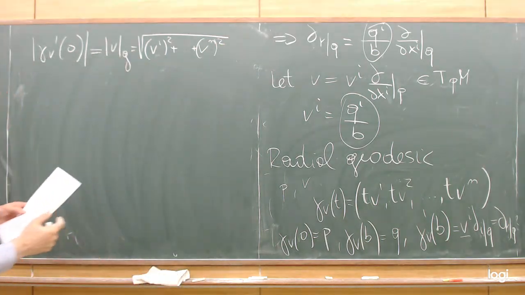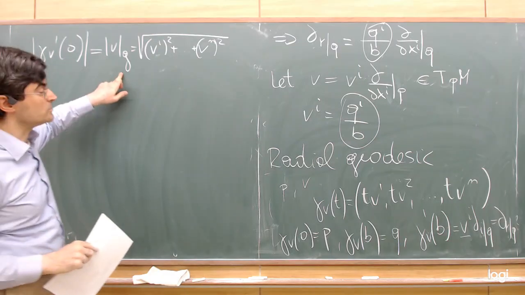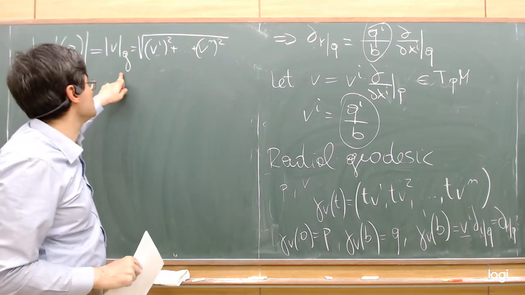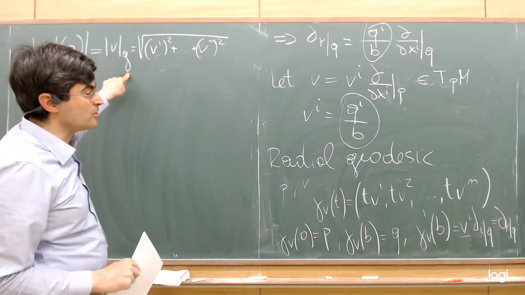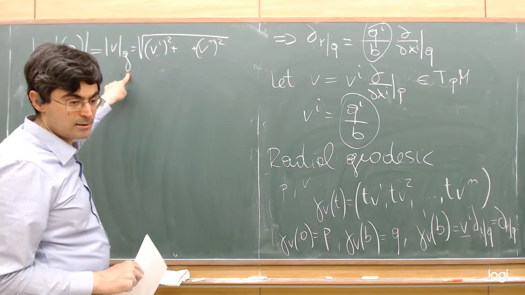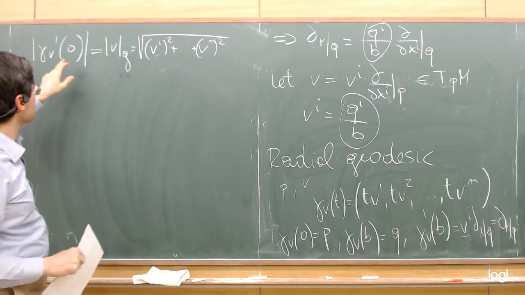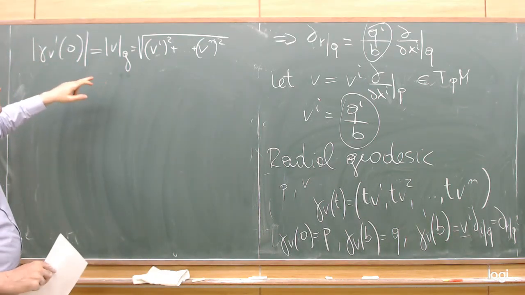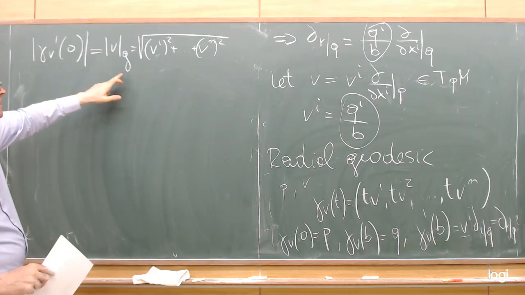The reason why this formula is correct is that the metric g in normal coordinates at the point P is Euclidean.